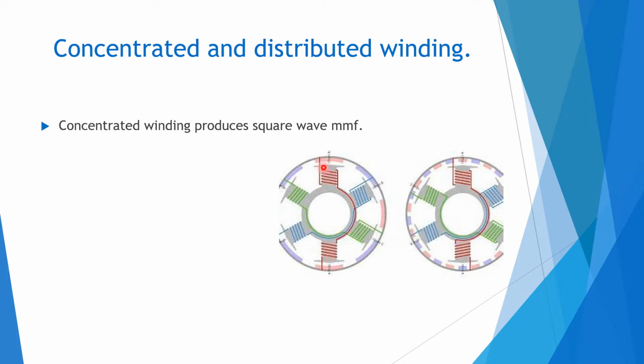The MMF produced will be symmetric on both sides, because if you take any loop that encompasses this current, we will have the integral of H dot dl equal to NI. Since NI is the same across all loops and the air gap also has the same thickness at all points, the MMF will look like a rectangular wave.